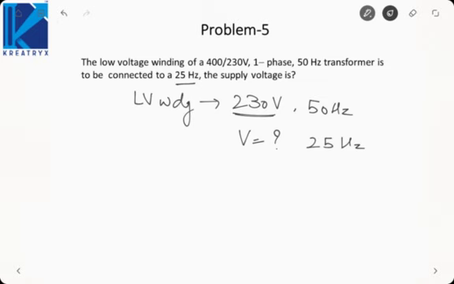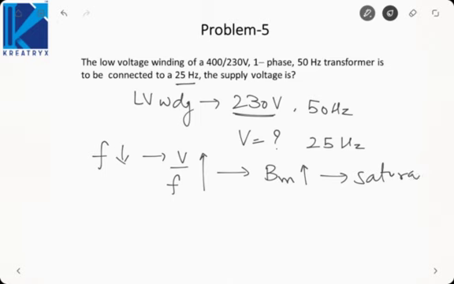Now when we are changing the frequency, if we are reducing the frequency, then V by F ratio will increase, due to which magnetic flux density will also increase, which can cause saturation. The transformer may saturate. That means we have to keep V by F constant.